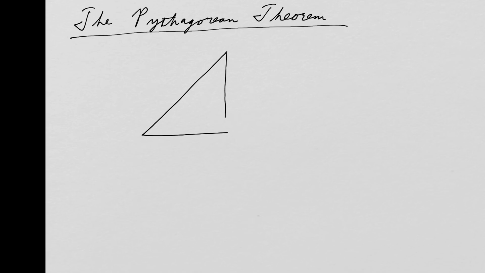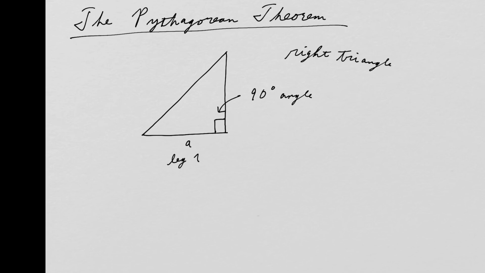So let me draw it out here. This angle, usually you denote it by a little block there. This is a 90-degree angle. So this would be a right triangle. Usually what we do is we call one of these legs A. This is like leg 1.